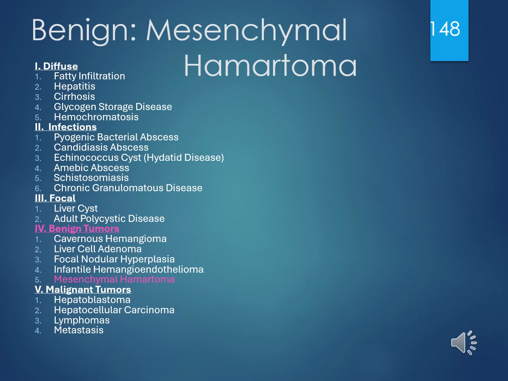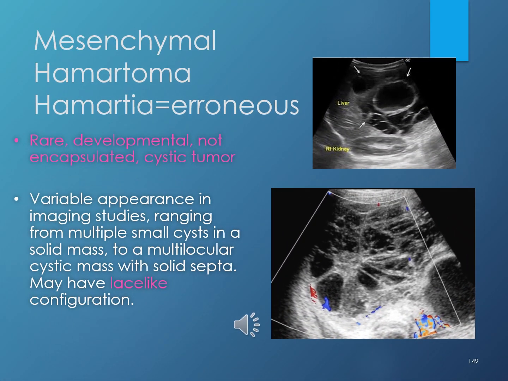Our final benign liver lesion is another pediatric tumor, a mesenchymal hamartoma. Hamartoma comes from hamartia, which means erroneous. So a hamartoma, wherever it is, is usually just an erroneous configuration of the typical cells, the parenchyma, that's usually there within that organ.